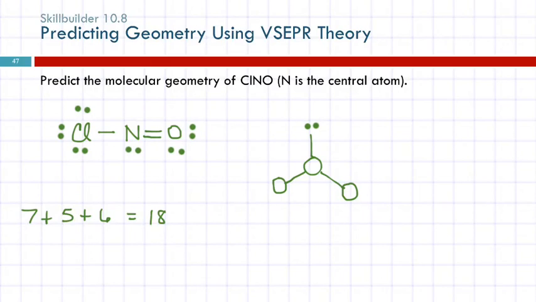So the electron geometry would be what? Planar triangular, okay, or trigonal planar. The nice thing about a multiple choice exam is you just have to recognize the correct answer. You don't have to come up with it. So, electron geometry, I'm going to call that EG. The electron geometry is trigonal planar.